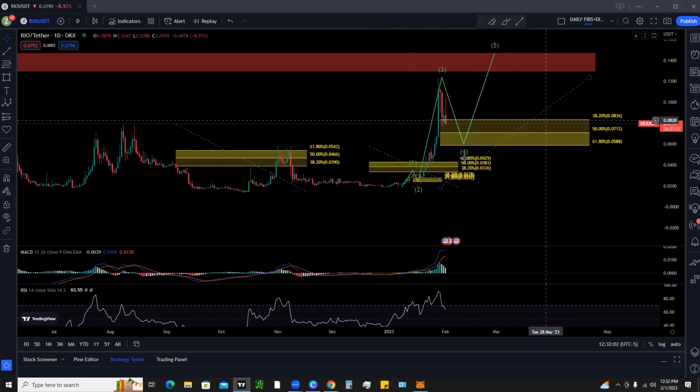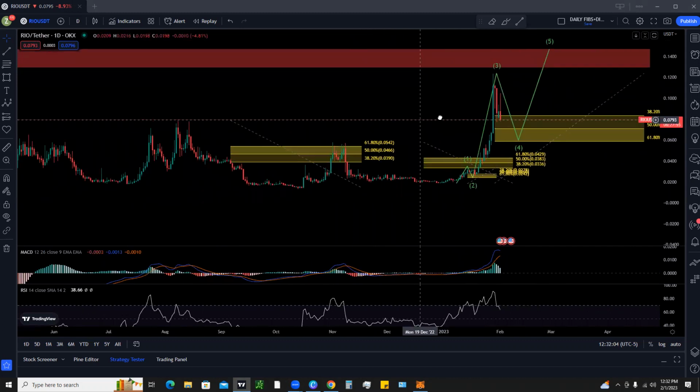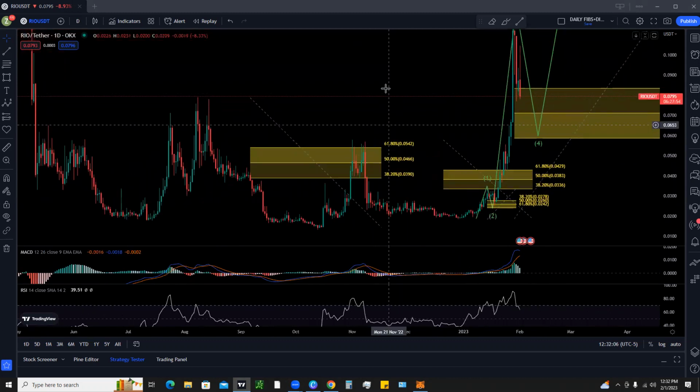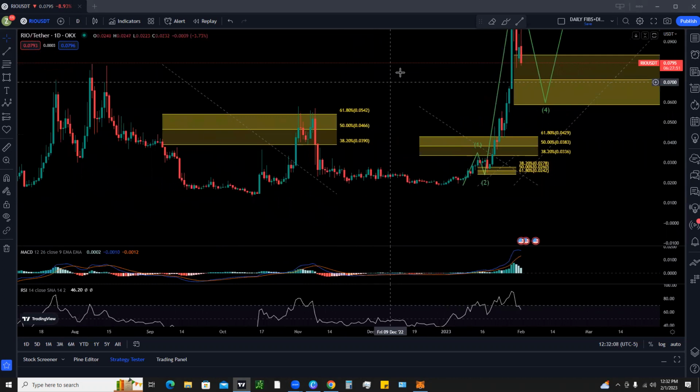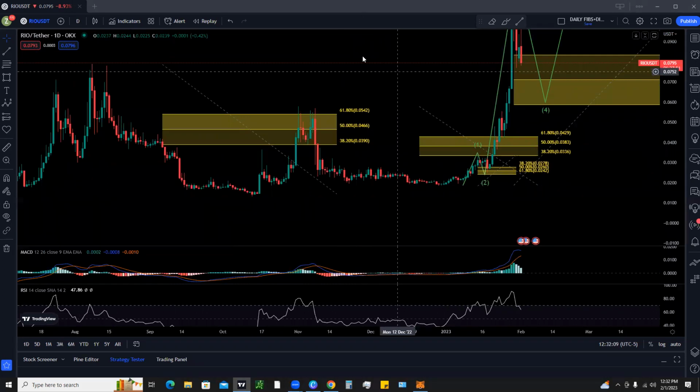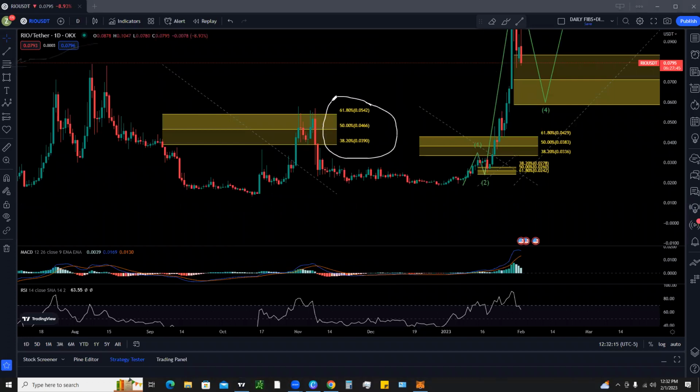Now, you'll notice a series of yellow lines on the chart. These are the major fib retracement levels, right? So if we zoom in here real quick, we're taking this tool over here, and there's three levels specifically you want to pay attention to: the 61.8, the 50%, and the 38.2% retracement levels. What these do is help establish trend continuation or trend reversals, right?